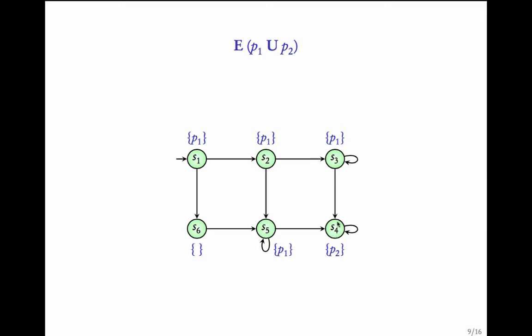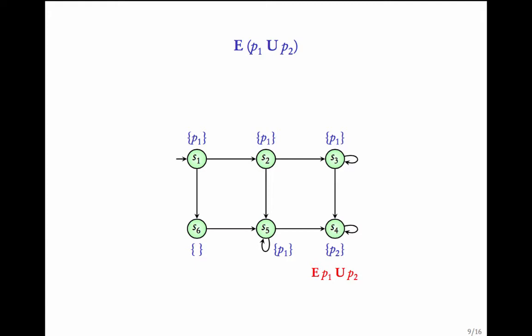So clearly S4 will satisfy E of P1 until P2. We assume that there are no terminal states, so there will exist a path from S4, and in that path the initial state itself satisfies P2, so S4 satisfies E of P1 until P2.